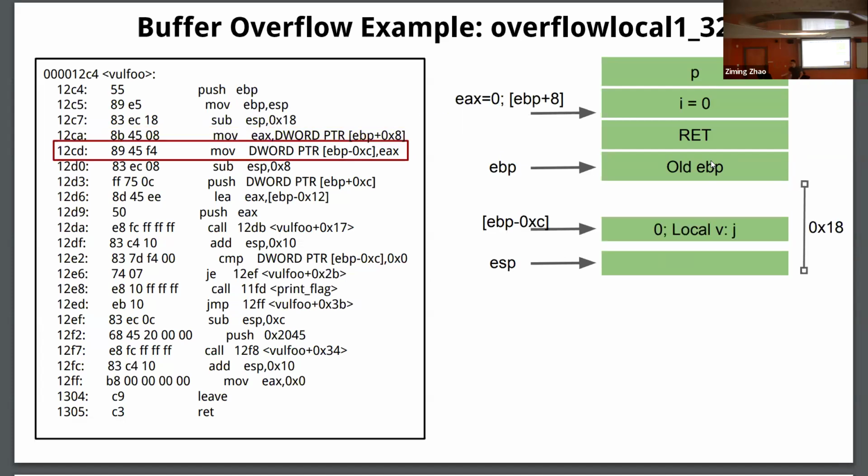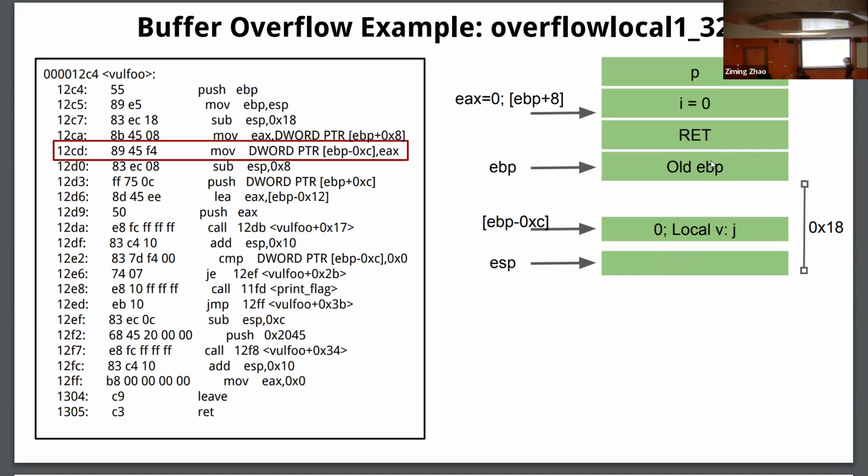Then we're moving that value again to EBP minus C. Okay. Previously, EBP plus 8 was a parameter. EBP minus C is lower than EBP, so it is a local variable. I'll talk about that many times.